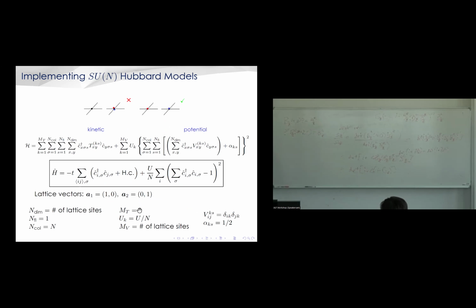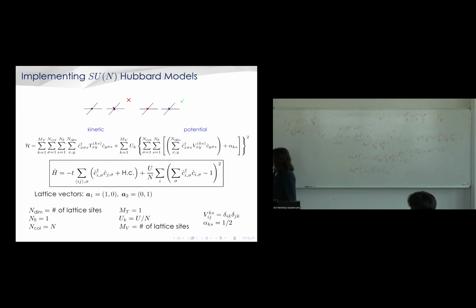And so on a square lattice, our lattice vectors are going to be (1,0) and (0,1). Then these are all variables that one would set internally. Some of them you can set from the parameter file, but others are internal for if you were creating your own Hamiltonian. So ndim is going to be the number of lattice sites for this. Now we have the concept of flavors versus colors.